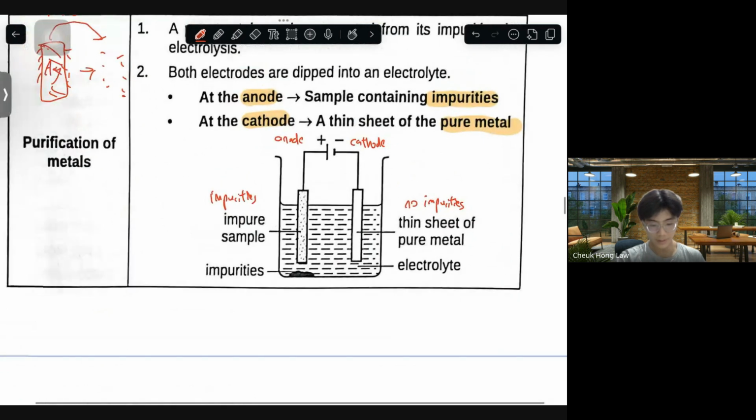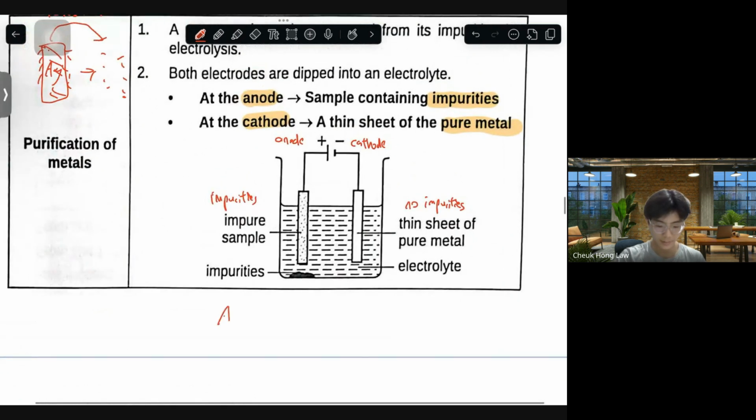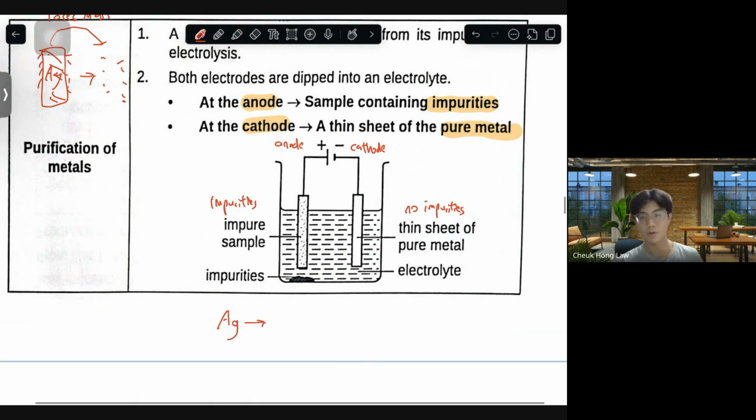So what will happen if this is silver, right? Since it's at the anode, it will oxidize. It will lose electrons to form silver ions. So again, your electrolyte has to contain silver ions. This silver will dissolve in the solution to form silver ions.